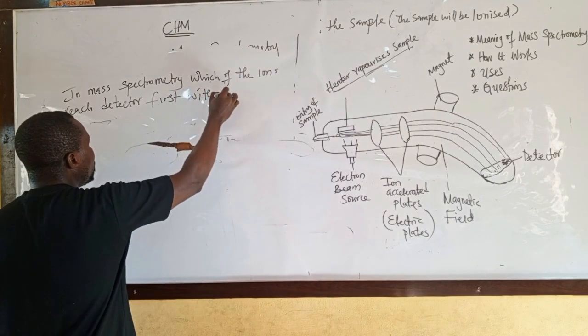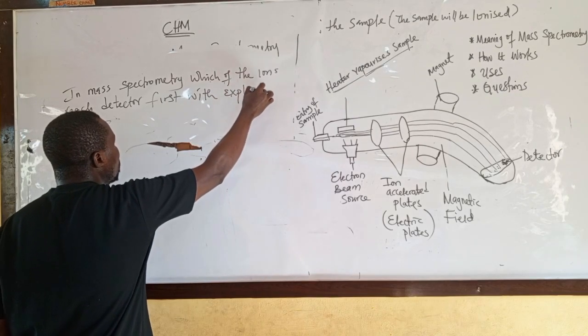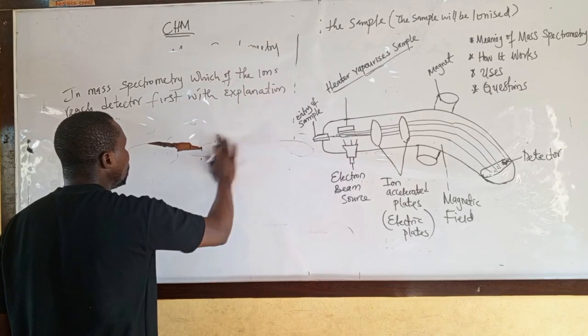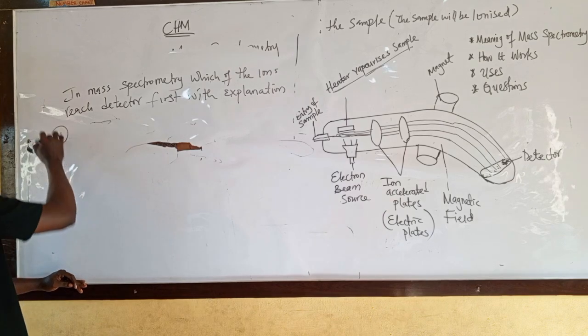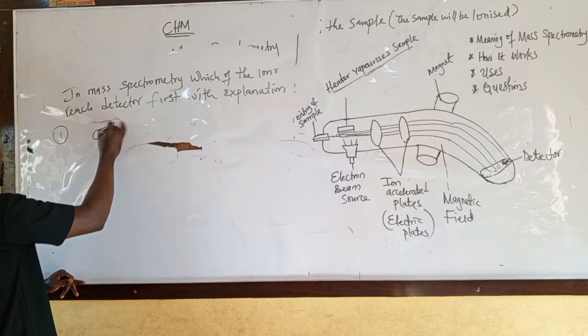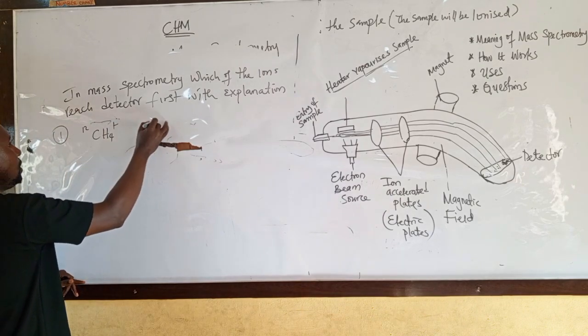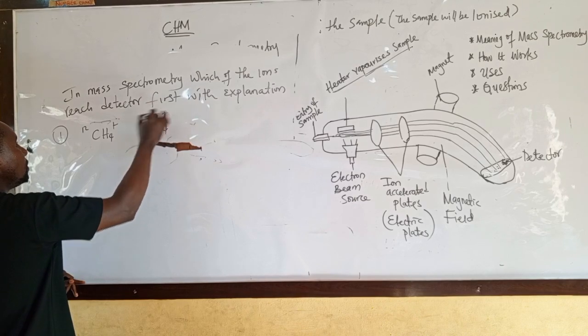With explanation. This one is from JUPEB. The first option is CH4 plus 12, CH4 plus 13.